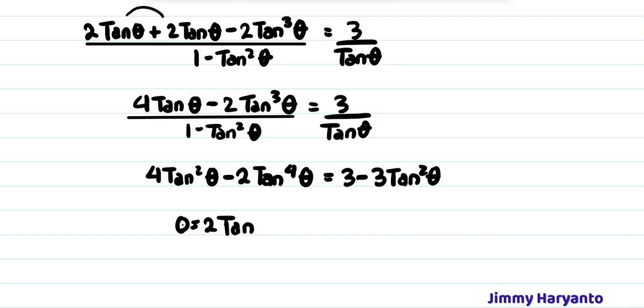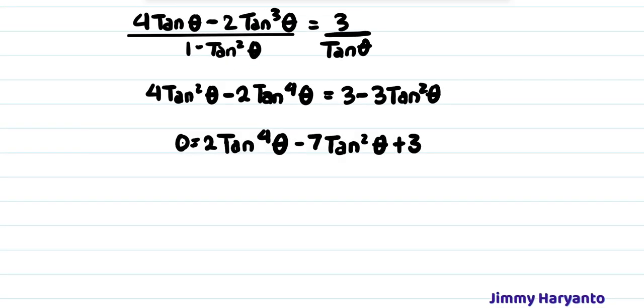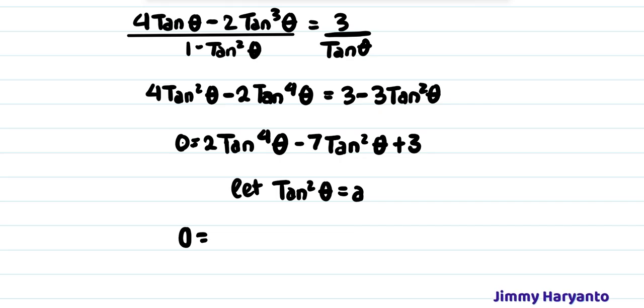2 tangent to the power of 4 theta, and then negative 3 minus 4 is negative 7 tangent square theta, and then we still have plus 3 right there. Okay, and then I will let tangent square theta be a, that means 0 equals 2a square, 7a, and then plus 3.